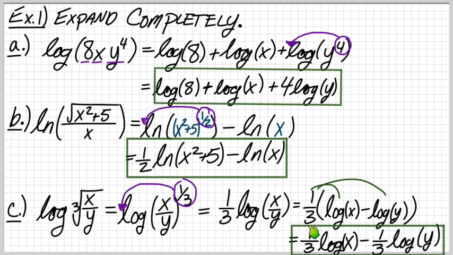So it's 1/3 log x minus 1/3 log y. And if you left it like this with the parentheses, I'd be okay with that too. If you left this as your final answer, that'd be fine. But just to show it, I went ahead and distributed it through anyway. So you know that the 1/3 really has respect to both of these. But if you forgot the parentheses, you would only have the 1/3 on the log x. Like it would look like this one. But in this case, the 1/3 should be on both.